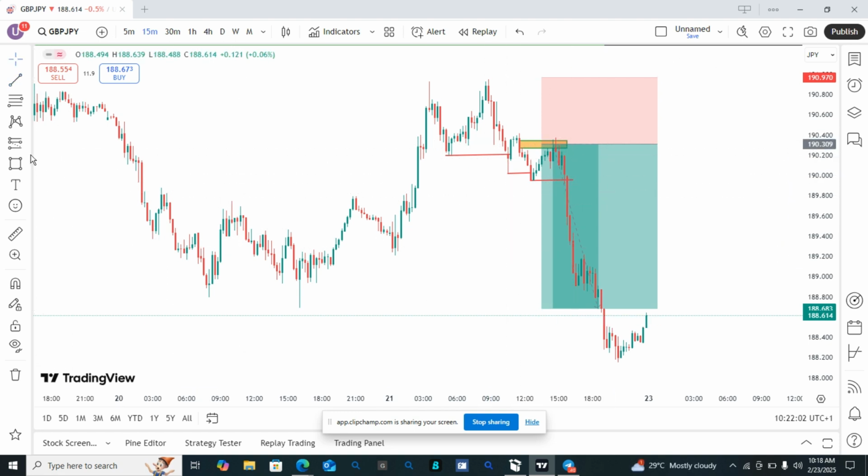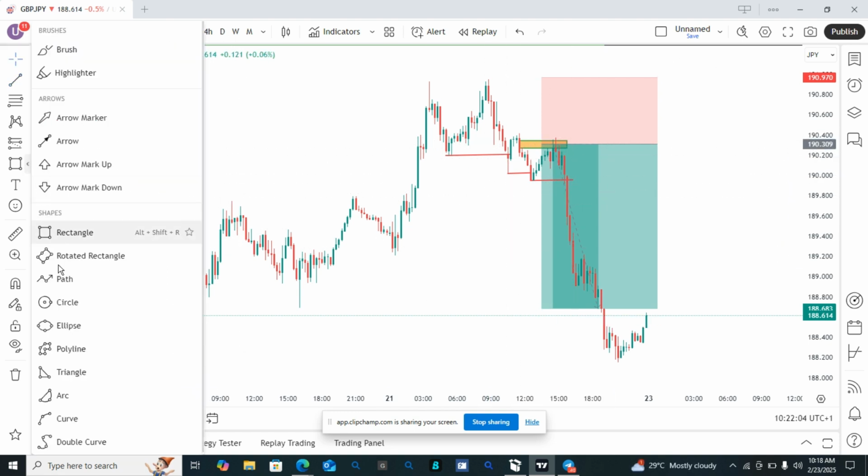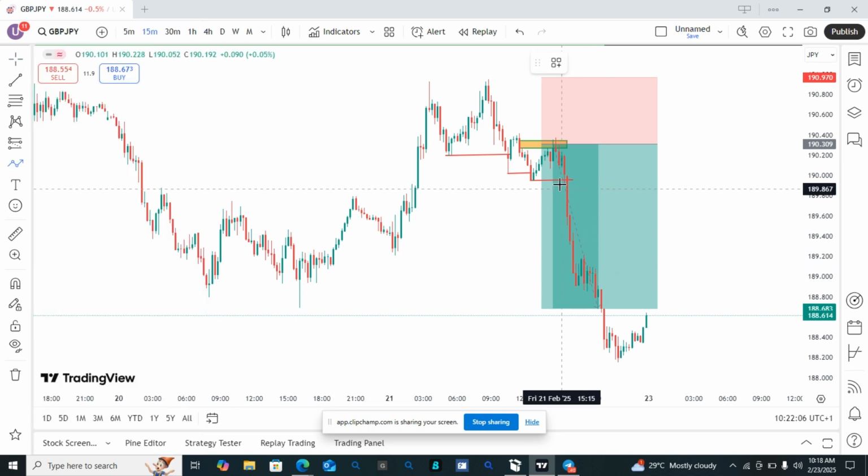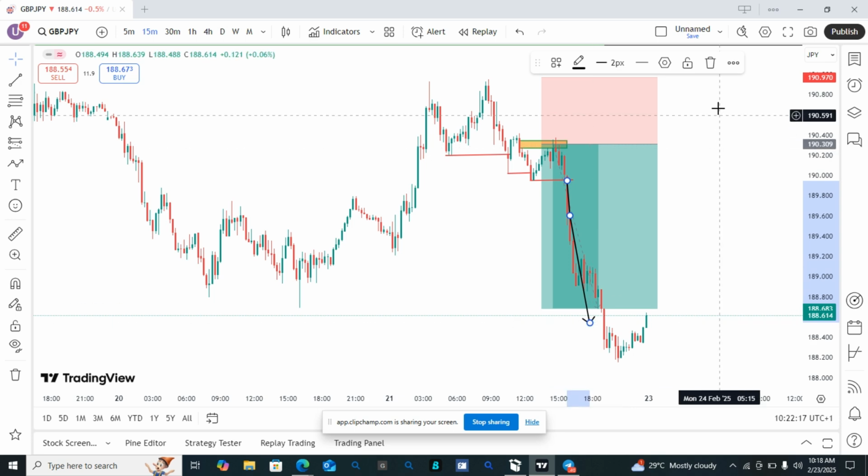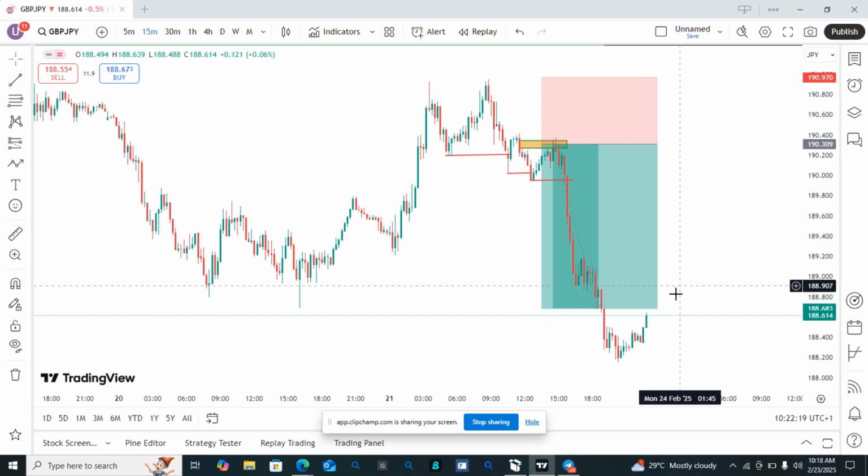I was believing that after breaking here, there would be some sort of retracement to this zone for a second entry, but that did not happen. Rather, price went down straight to TP, and I called this trade live on my Telegram group channel.